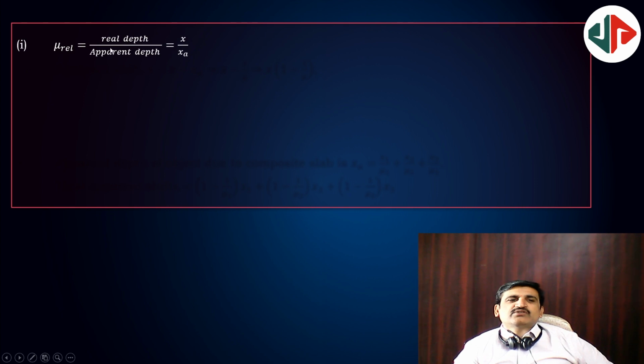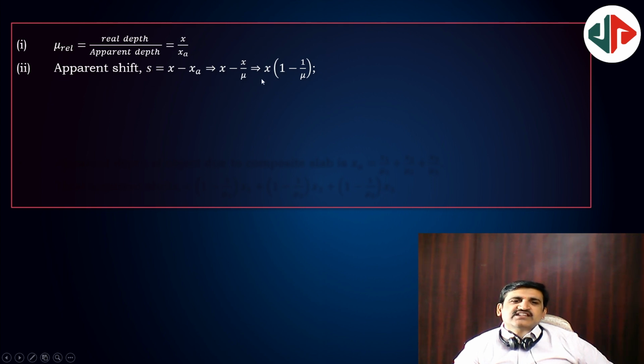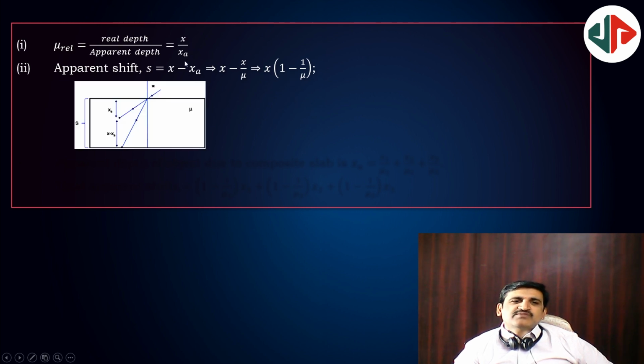Mu is equal to real depth by apparent depth, and apparent shift S is equal to x minus x apparent, that is x of 1 minus 1 by mu. These are for when the object is in the denser medium and viewed from the rarer medium. If it is reversed, then you have to invert all of these.